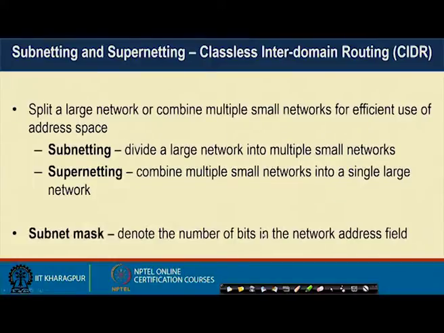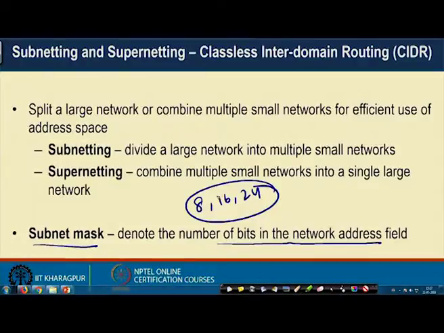That is the concept of subnetting. This concept of subnetting and supernetting leads to another thing: now we do not have a fixed class boundary. Whenever you do not have a fixed class boundary, you need another piece of information to determine what your class boundary is. To determine the class boundary, we use the concept called the subnet mask.